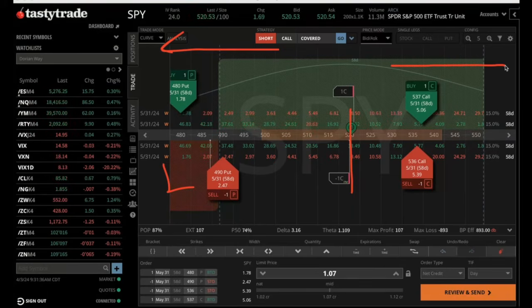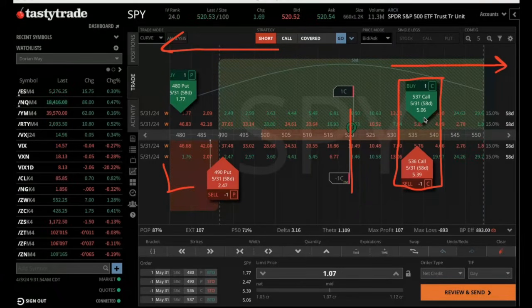Right? We're not going to have any loss zone on the call side of this iron condor because you're collecting more than what you can lose on this bear part of the iron condor. Right? You're collecting more than you can lose there. But I said this trade is a directional iron condor, but still inherently neutral.